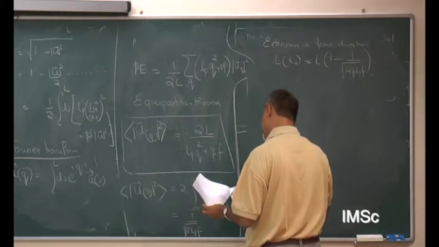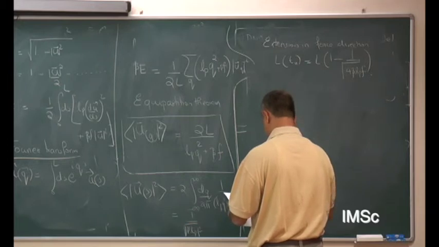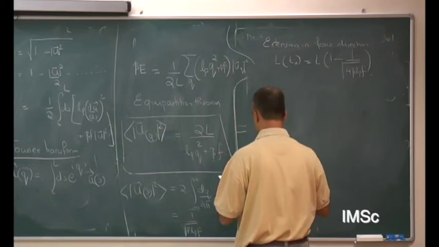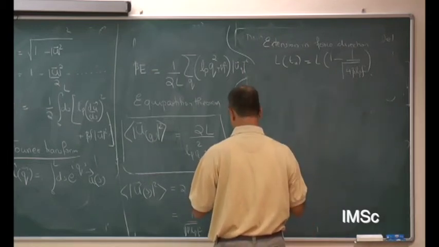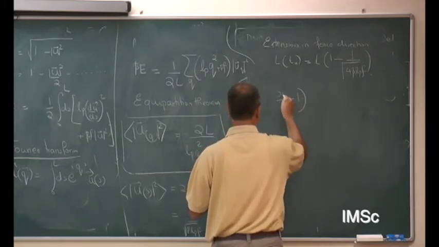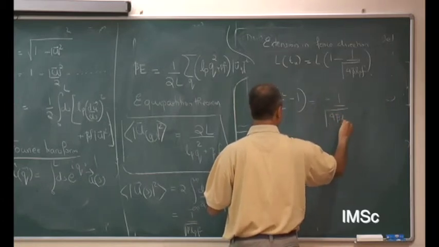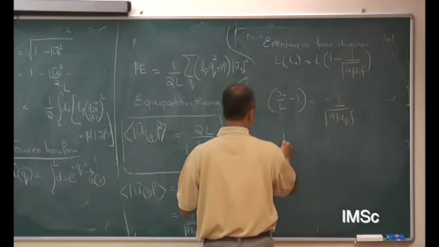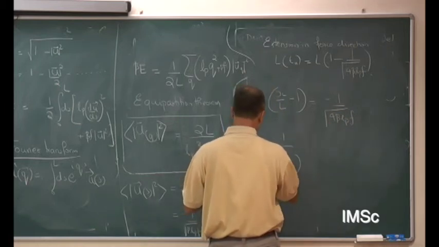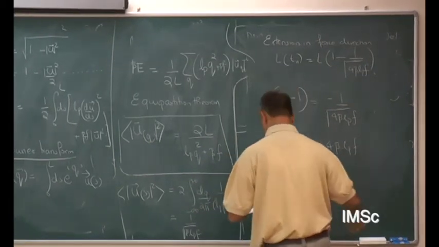And let me write x over L minus 1 as minus 1 over the square root of 4 beta LP times F, or 1 over (x over L minus 1) squared equals 4 beta LP times f.